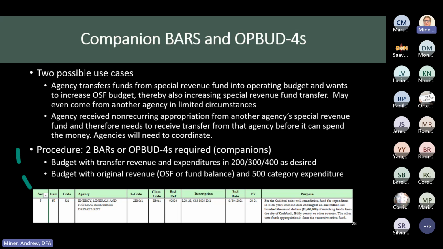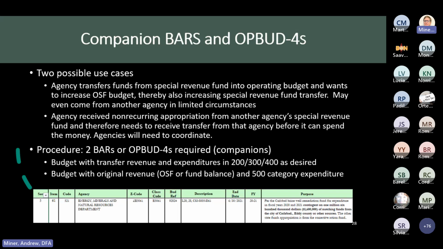First is when an agency transfers funds from a special revenue fund into their operating budget, and they want to increase their other state funds budget, which thereby also increases their special revenue fund transfer. Occasionally it comes from another agency, but often it's just within the same agency.